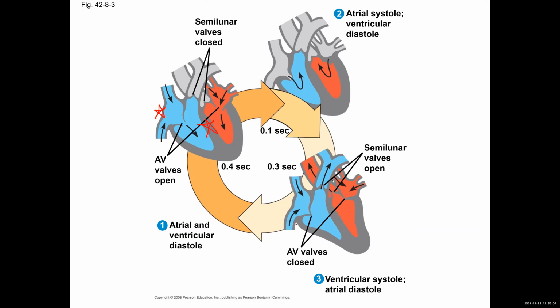The node that's on the atrium is called the sinoatrial node, or SA node. And the node that is on the septum, separating the two sides of the ventricles, is called the atrioventricular node.